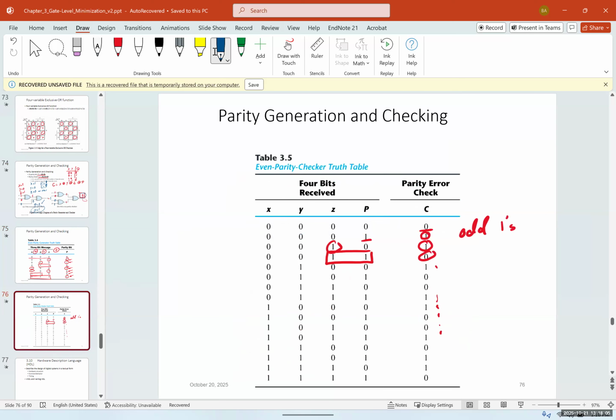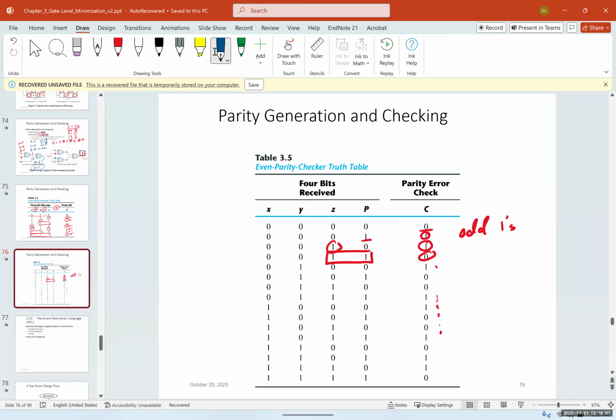Okay. Now, the full table looks like this, as I mentioned. And when we have the ones, for example, if we have 1, 1, 1, Y, Z, and P are 1, then the check would be 1.